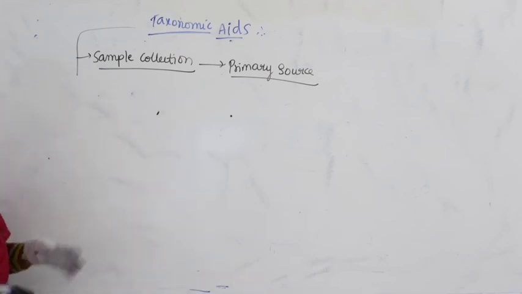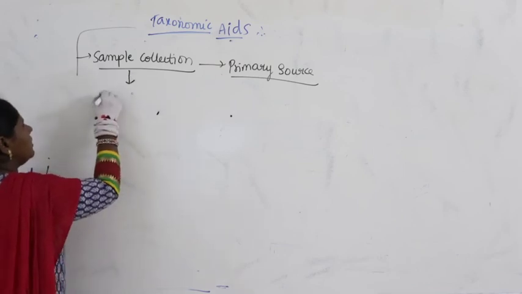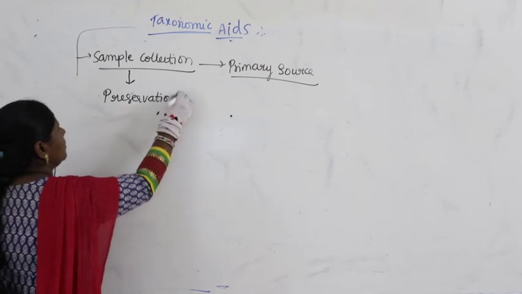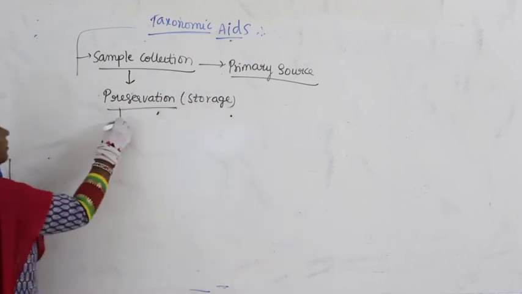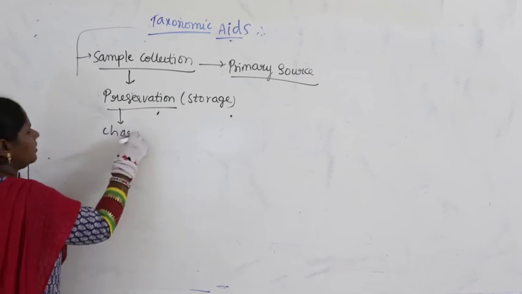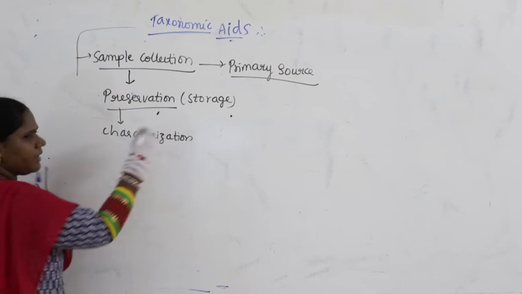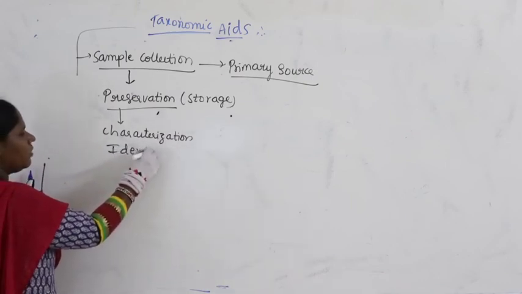After sample collection, what other things do we need to look for? Sample collection, then preservation of the sample, meaning storage. You are going to store the sample, followed by characterization, meaning we note down the characters. It is called characterization.